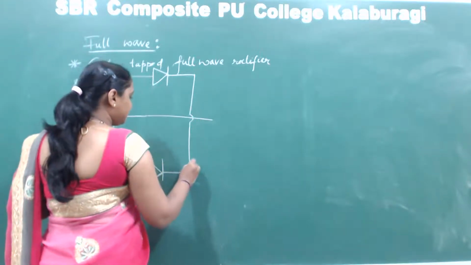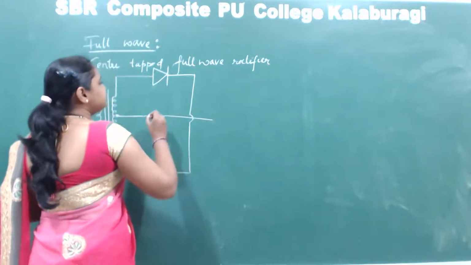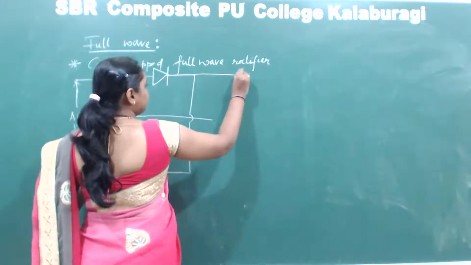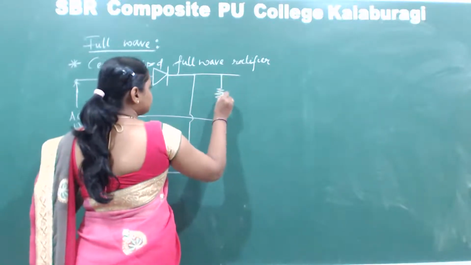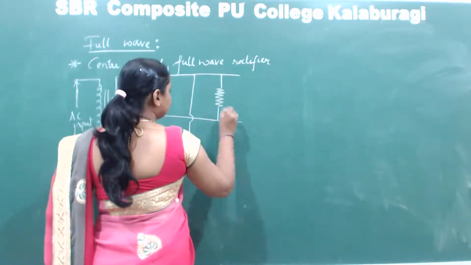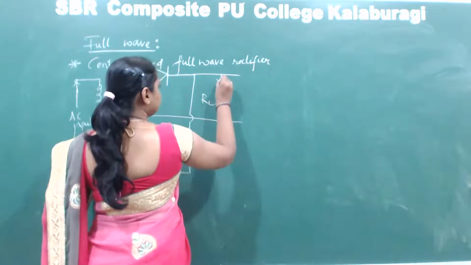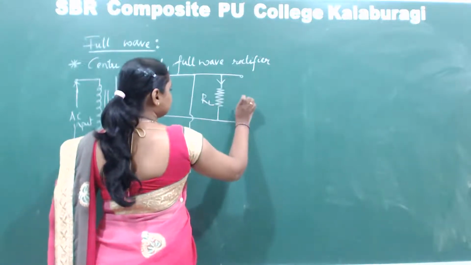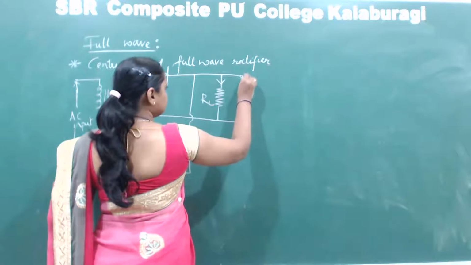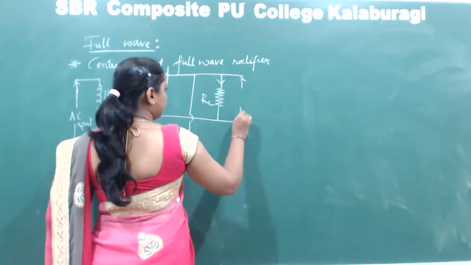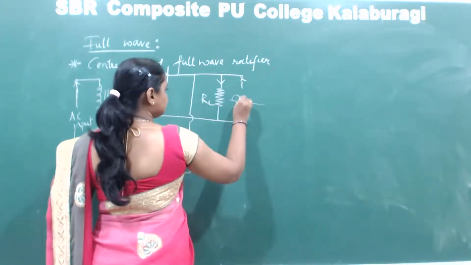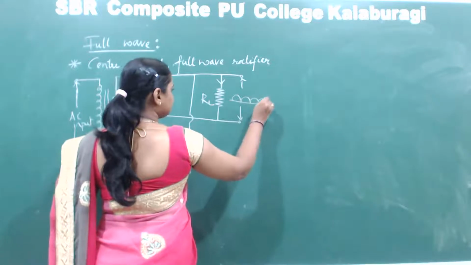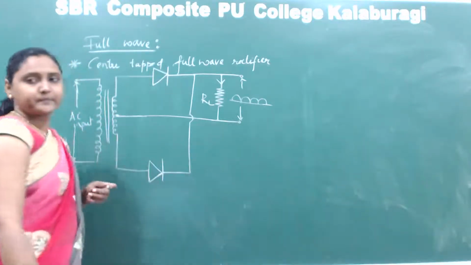This is the circuit for center tapped full wave rectifier. This is the load resistor RL. This is the output. Right?